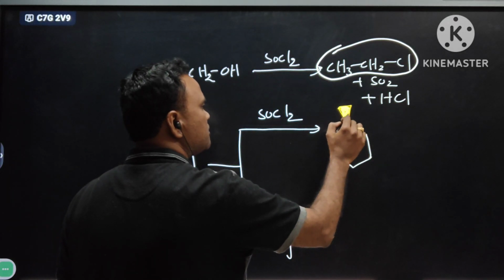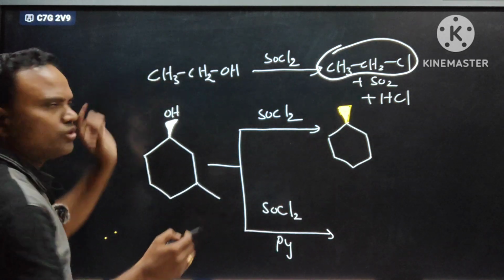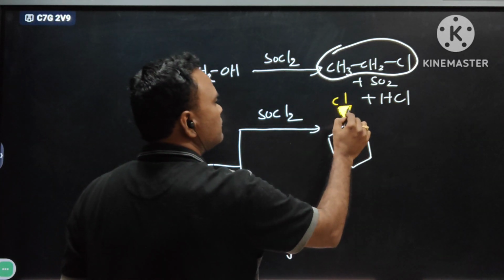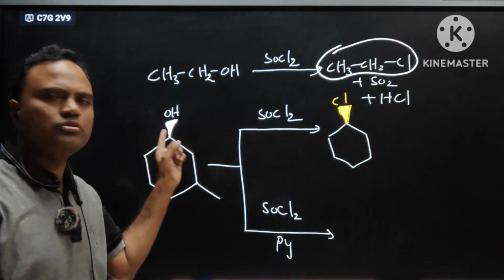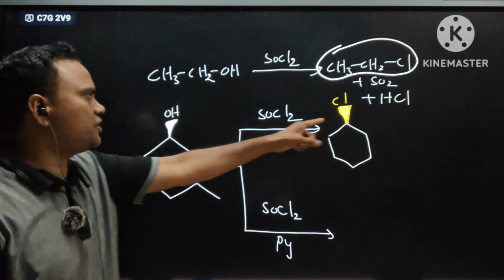So what is the main basic reaction? In place of OH, Cl will come. When we add SOCl2 to alcohol, in place of OH, Cl will come.